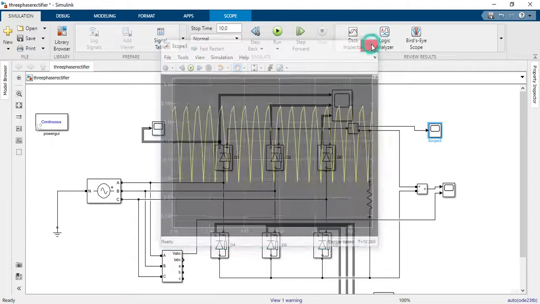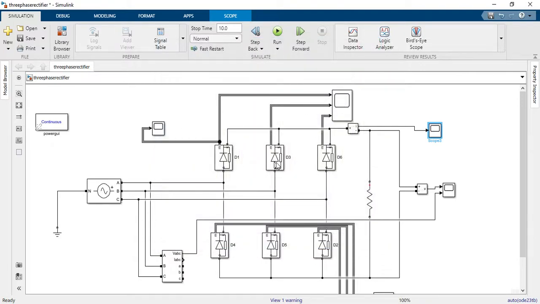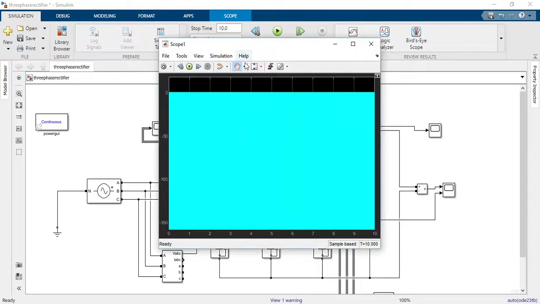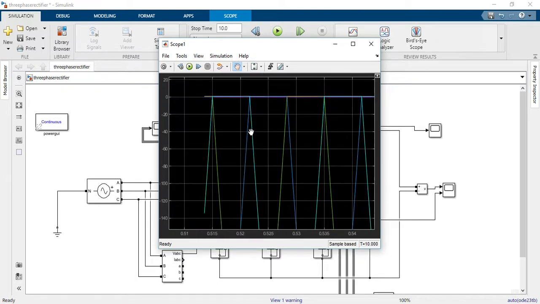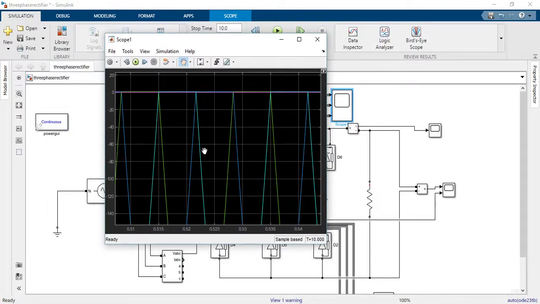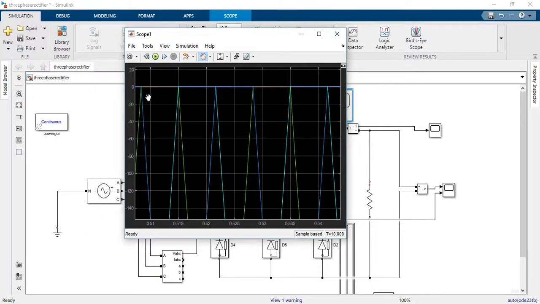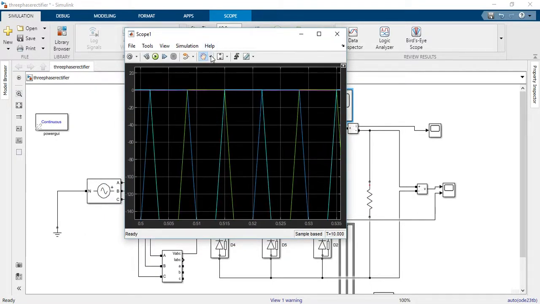And now I want to show you the D1, D3 and D6 diodes measurement, on and off switching. So here you can see the waveform of diodes D1, D3 and D6, and the switching.